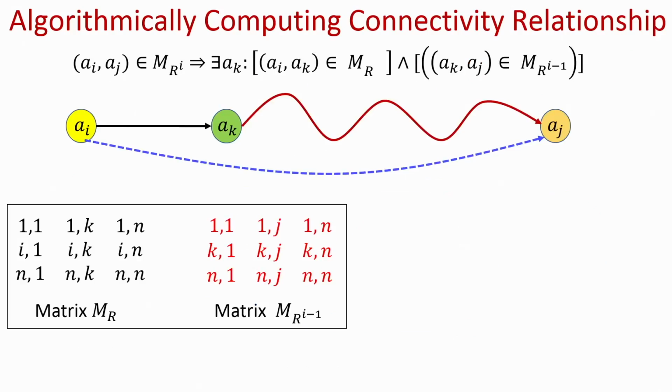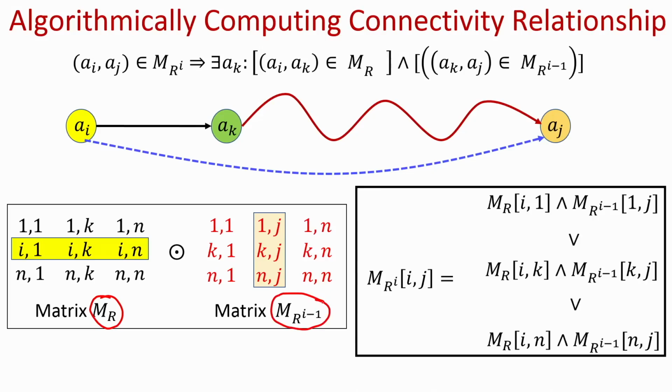So, we focus on the matrix for the relation R and the matrix of the i minus 1th power of R. And my claim is that to check whether A i is related to A j or not, it is sufficient to take the Boolean dot product of the ith row of matrix M R and the jth column of the matrix of the i minus 1th power of R.